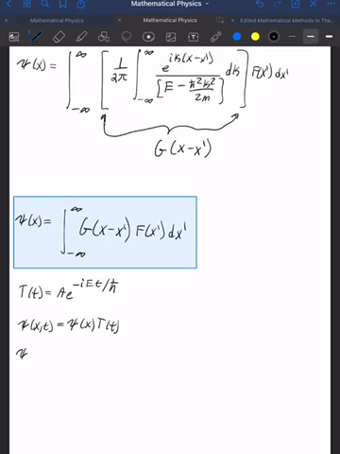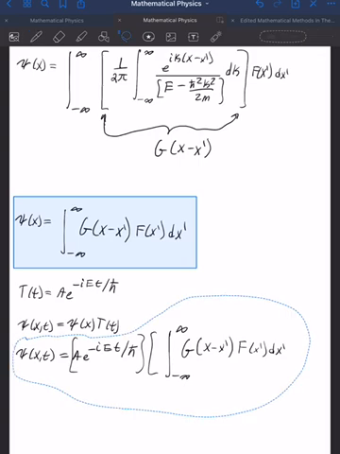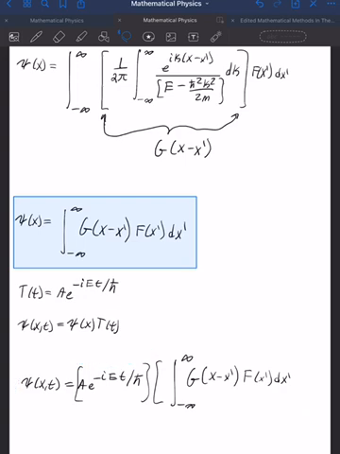And so psi of x and t is equal to A e to the minus i E t over h bar times the integral from minus infinity to infinity of G of x minus x prime f of x prime dx prime. And so that, at this point, is our final solution, and is what we've been looking for.